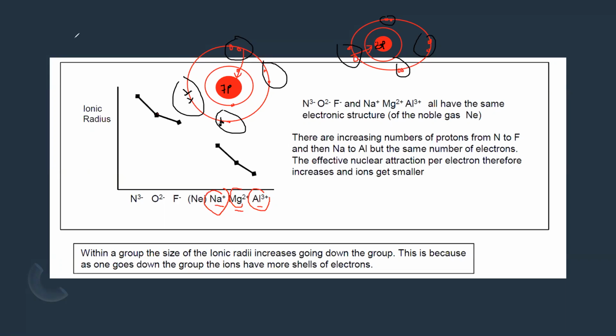If the force between the nucleus and the outer electron is less, then its size will be larger. If the force between the nucleus and the outer shell electron is more, then the size will be smaller. We can say they are inversely proportional to each other.